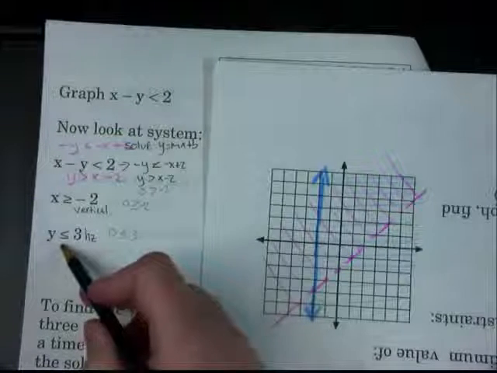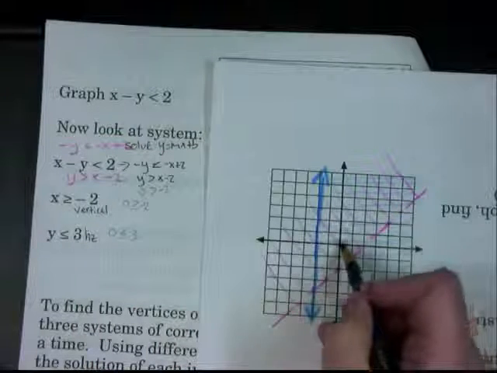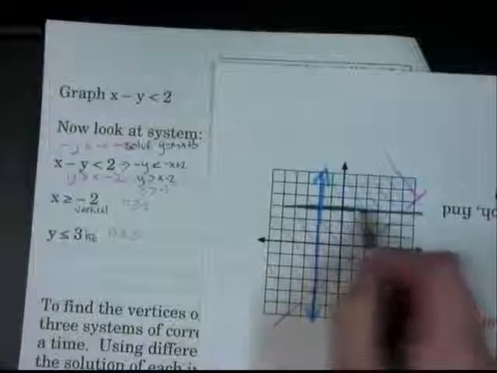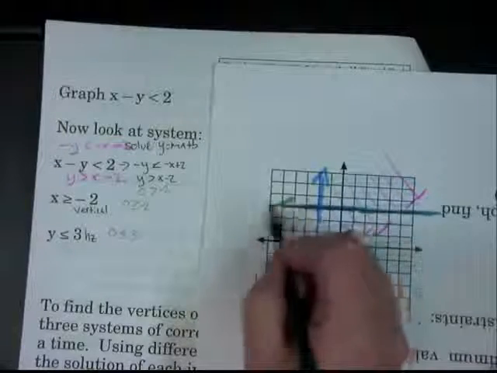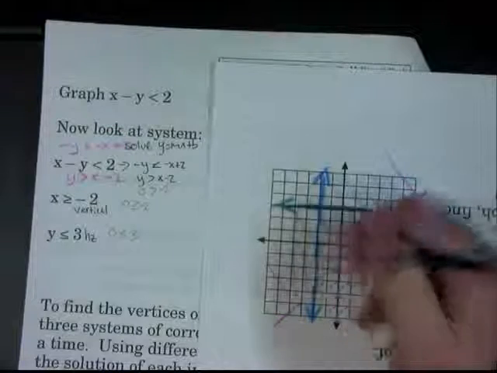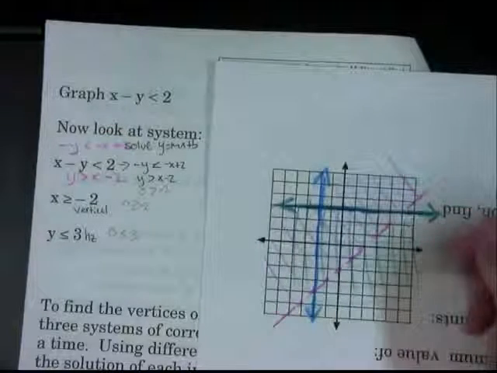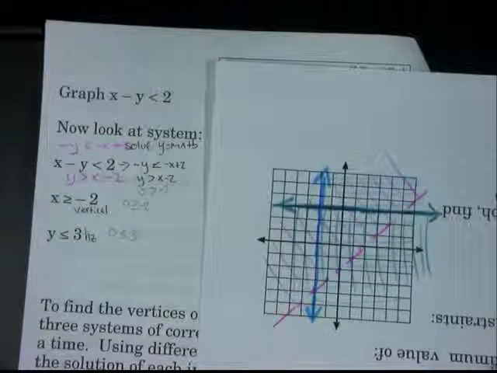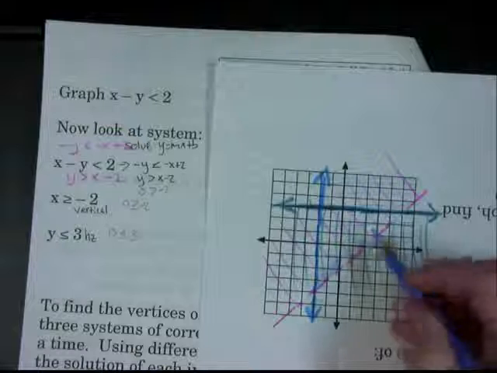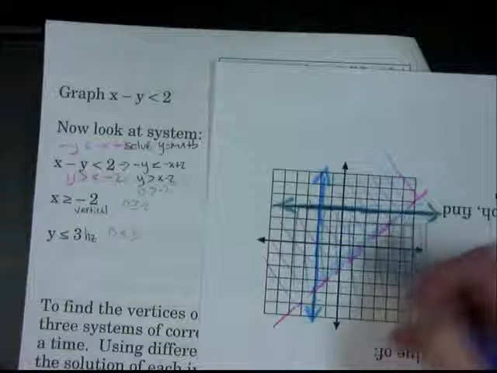y less than or equal to 3 is horizontal, so I go to 3. It's going to be a solid line because of the equal to. Again, make sure my lines are crossing each other. And less means below. So then what I need to do is go back in and color in completely the shared portions.